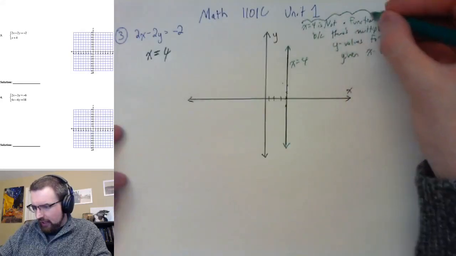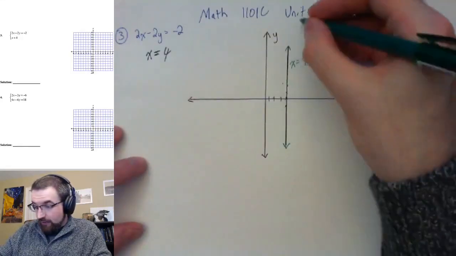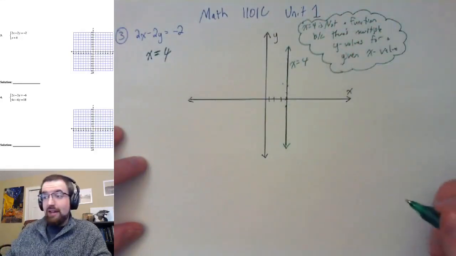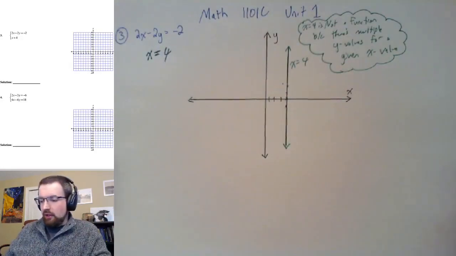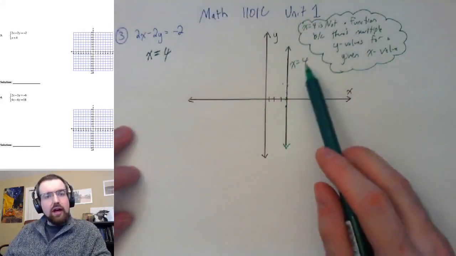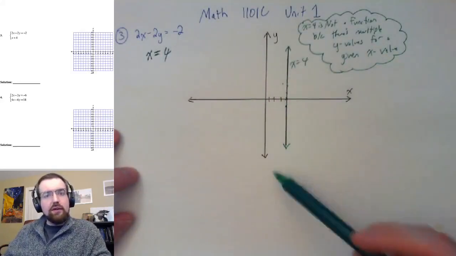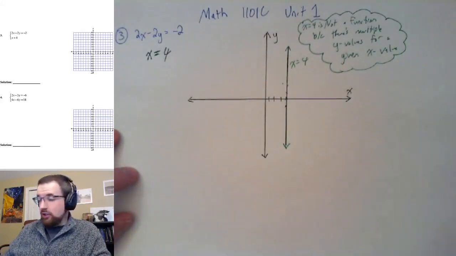Now, this is not something that we need to know for this question specifically because it wasn't asking about this directly. But you know, x equals 4 is a vertical line, which means it is not a function.